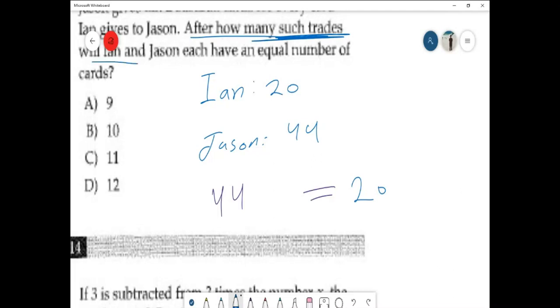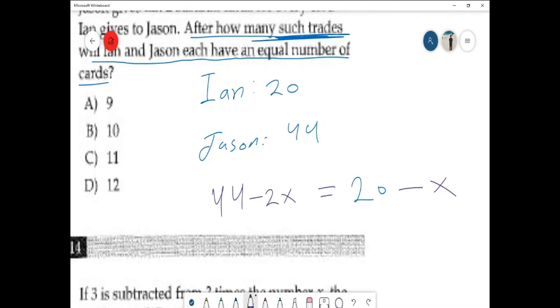So 44 will be equal to 20 after some expression. But how? It says after how many such trades, so I have to find the number of trades, right? Ian and Jason will have an equal number of cards. So after some operations, these numbers will be equal. But what will be those operations?